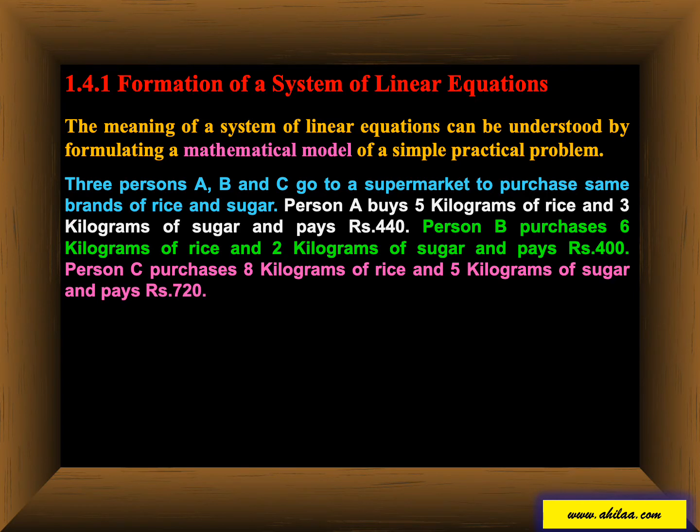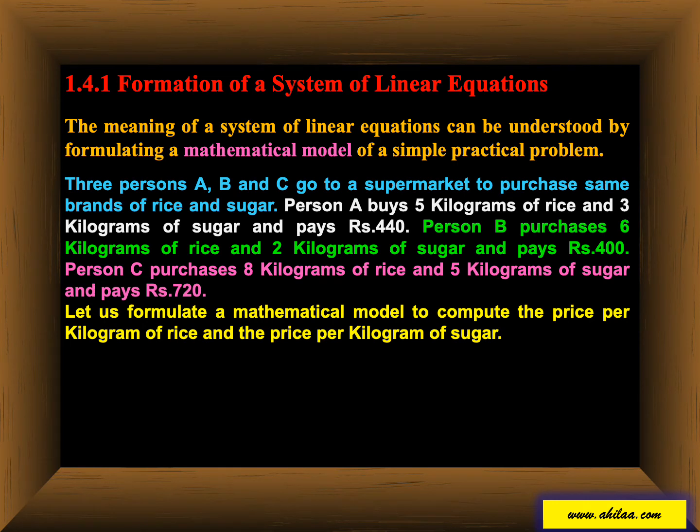Person A buys 5 kilograms of rice and 3 kilograms of sugar and pays rupees 440. Person B purchases 6 kilograms of rice and 2 kilograms of sugar and pays rupees 400. Person C purchases 8 kilograms of rice and 5 kilograms of sugar and pays rupees 720.